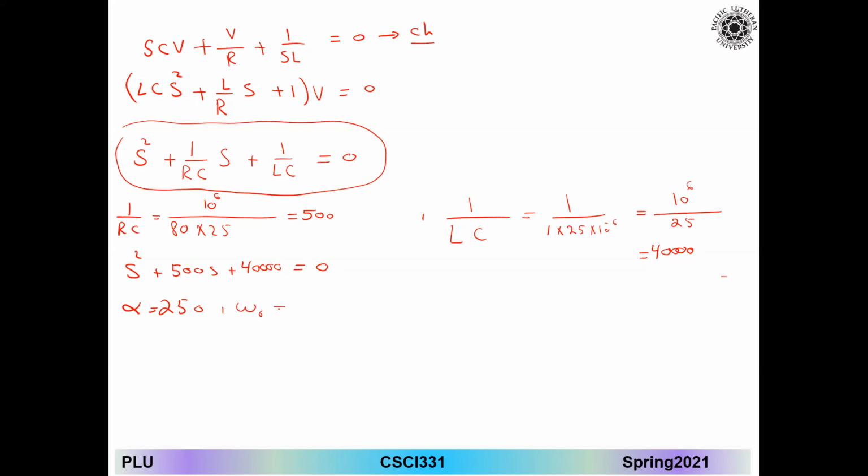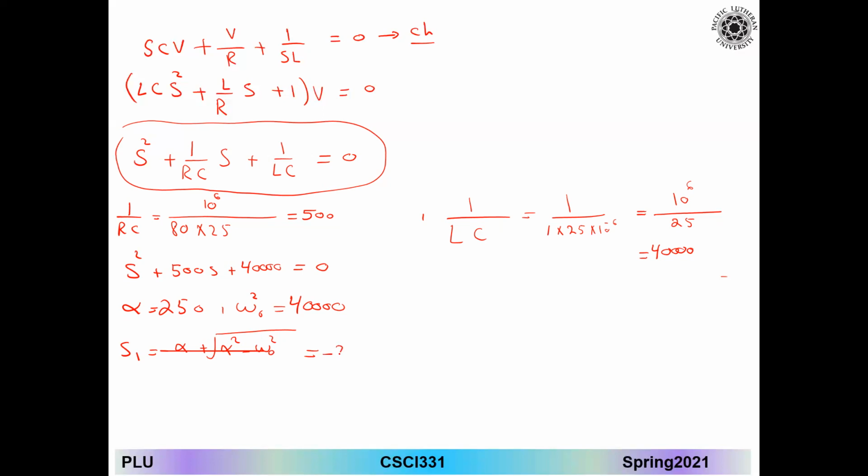Our omega 0 square will be 40,000. So now our S1 equals minus alpha plus root square of alpha square minus omega 0 square.